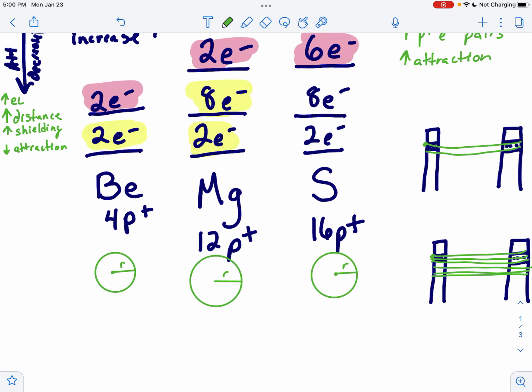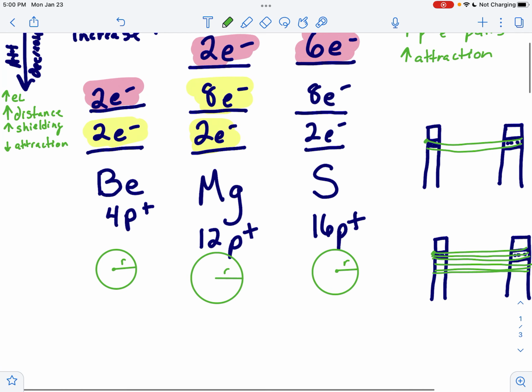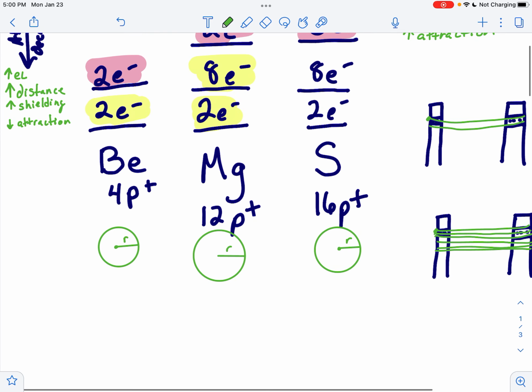So my atomic radius is going to decrease as I go from left to right, and it's going to increase as I go down a group. Basically, if there's more attraction, it's a smaller radius. So, higher attraction equals lower atomic radius.